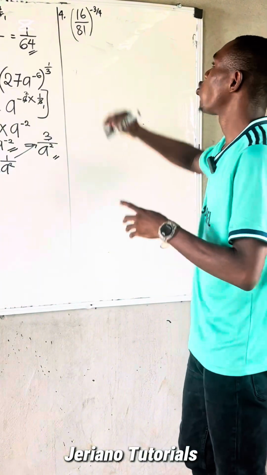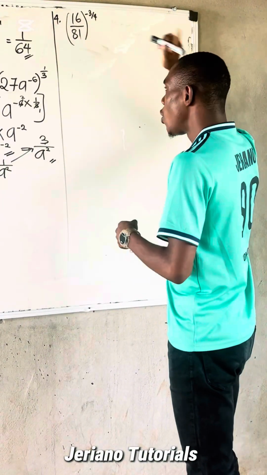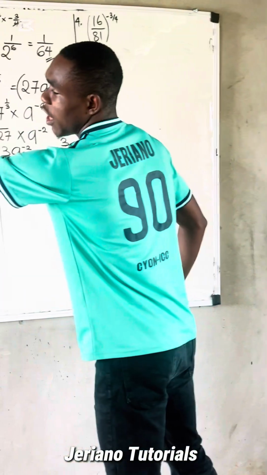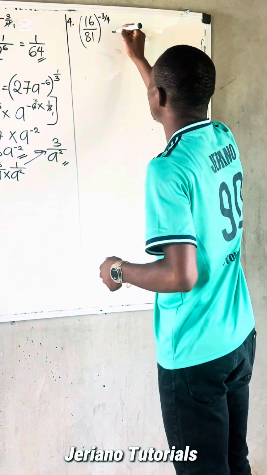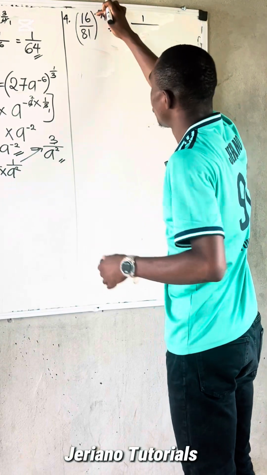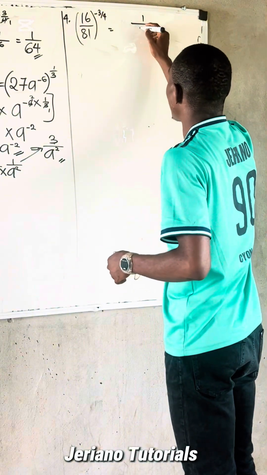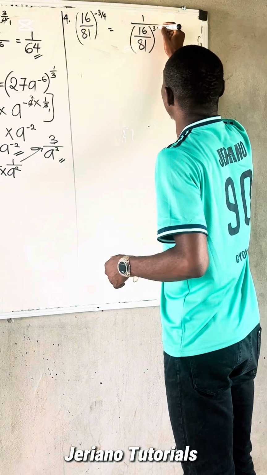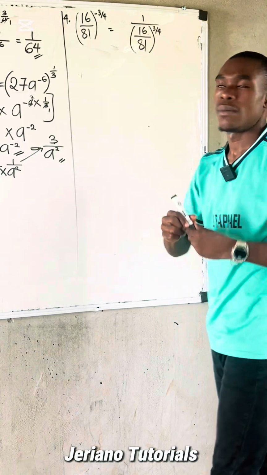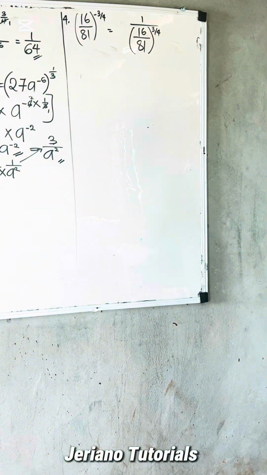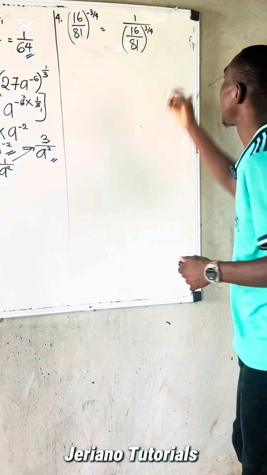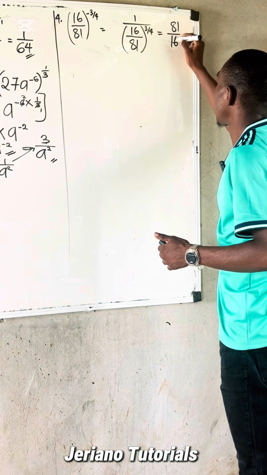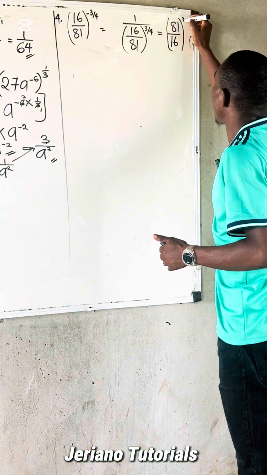Now, the first thing to do, get rid of your minus. Whenever you're having a question like this, the first thing to apply is your negative power law. Change this to 1 over. Your minus becomes an inverse of everything that you're having here, 3 over 4. That is what you do first. Mathematically, this is also 81 over 16 raised to the power of 3 over 4.